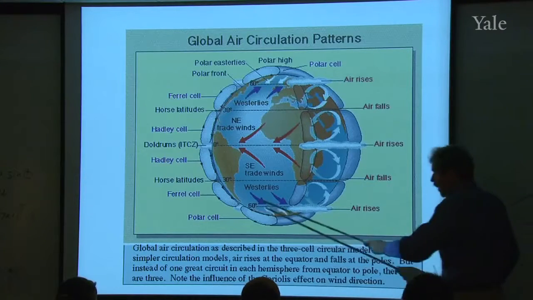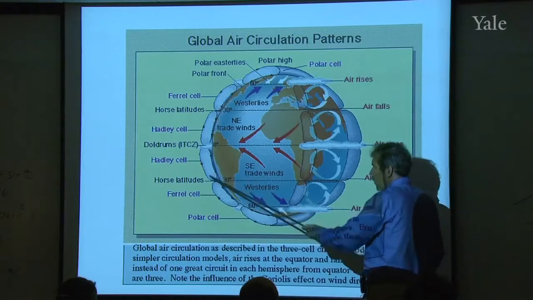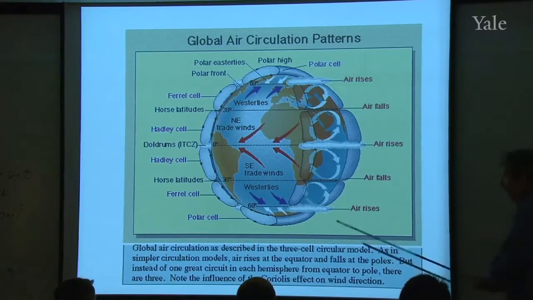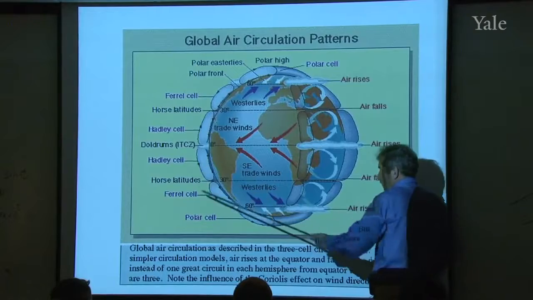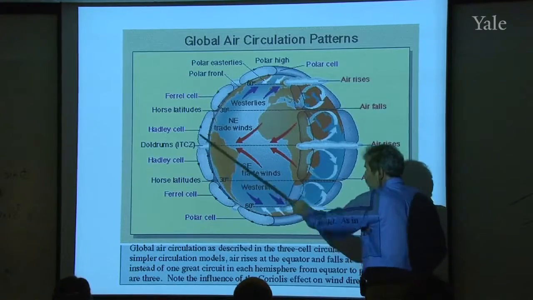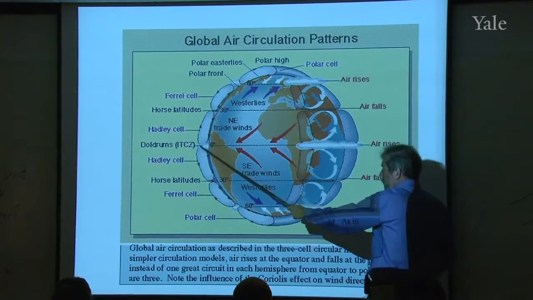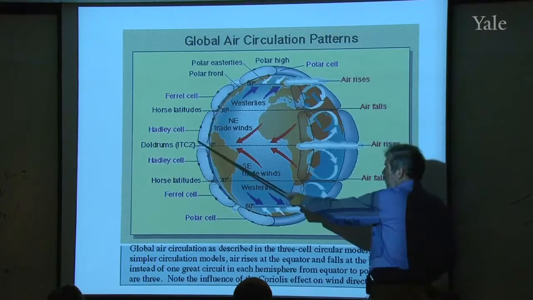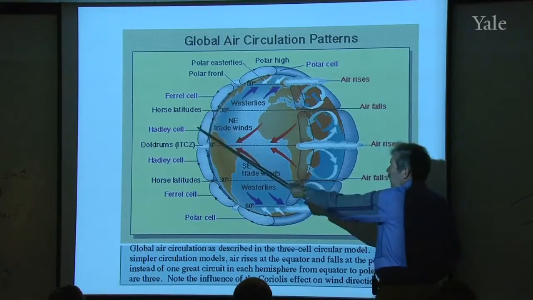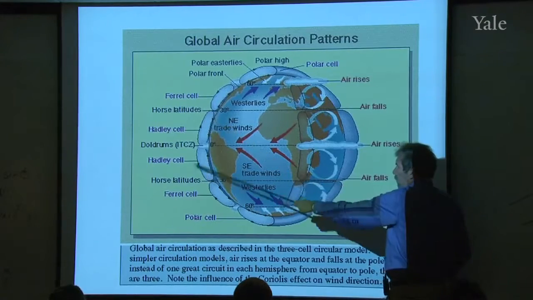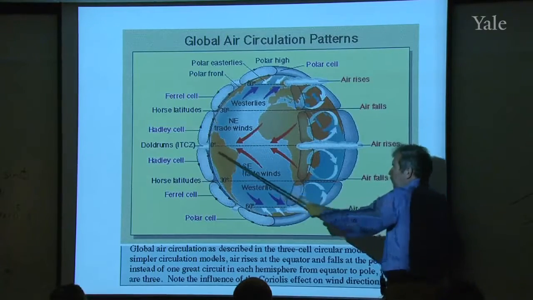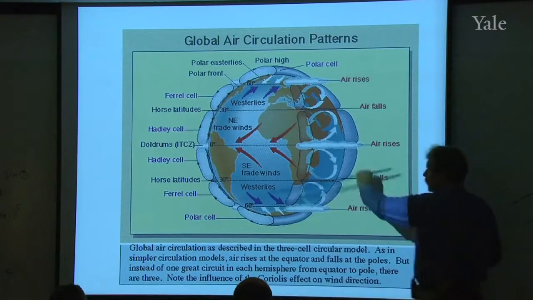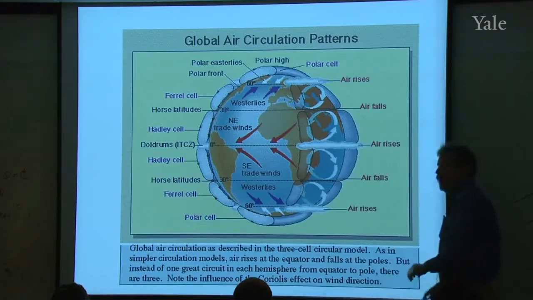Now, of these three cells, the one that is the easiest to see in day-to-day weather and satellite images is the Hadley cell. So if you're not going to memorize everything on this, be sure you know the Hadley cell. That represents the rising air near the equator, poleward air moving aloft, and then sinking, and then returning towards the equator at the surface of the Earth in a kind of symmetric way around the equator.